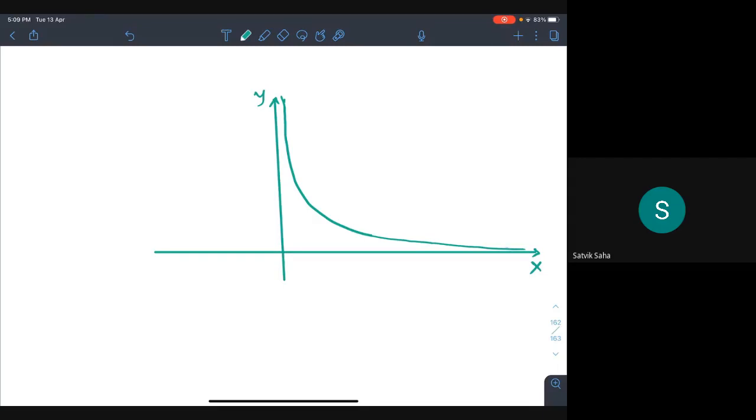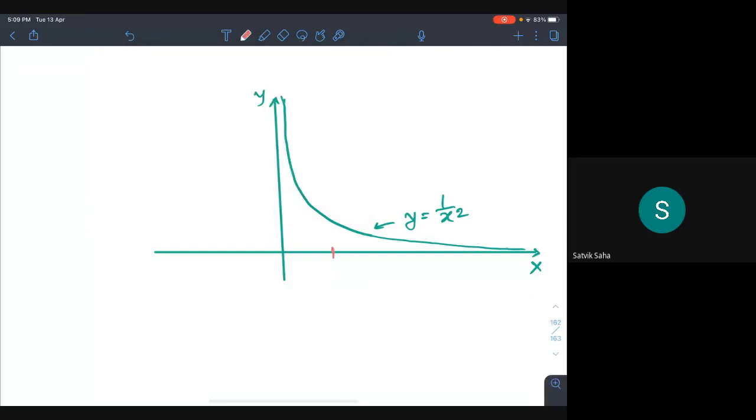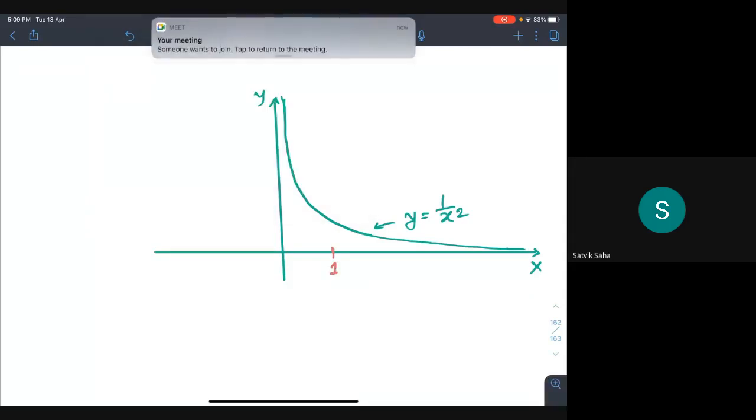All right. So this function is y equal to 1 over x square. So this is the point 1.